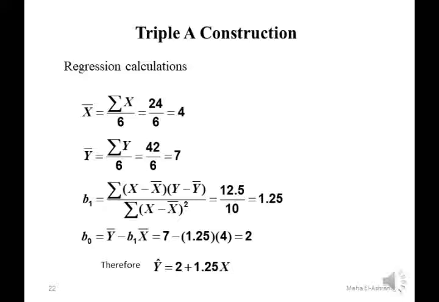So now the important thing is the last equation we have here. Based on the calculations, y hat is equal to 2 plus 1.25x. Now the idea is, as I said, you will not be asked to do these calculations.